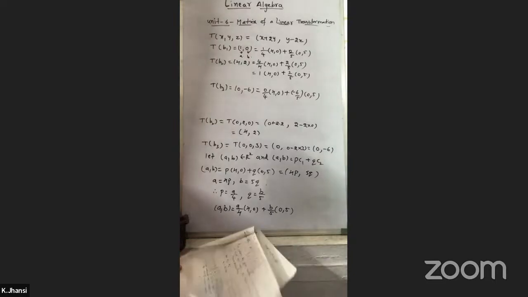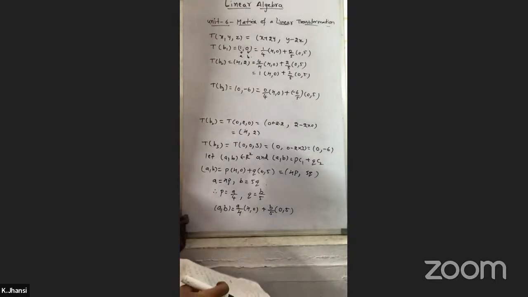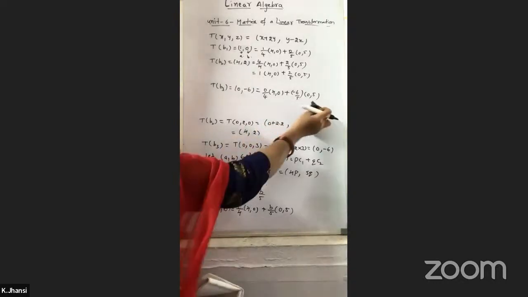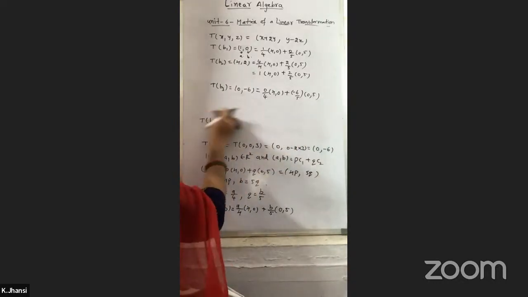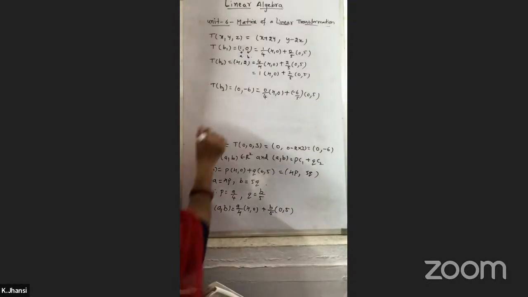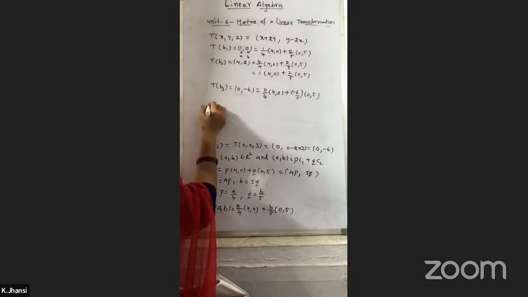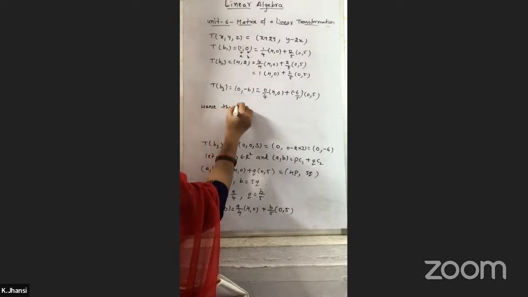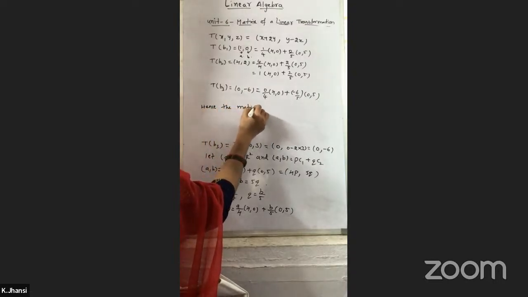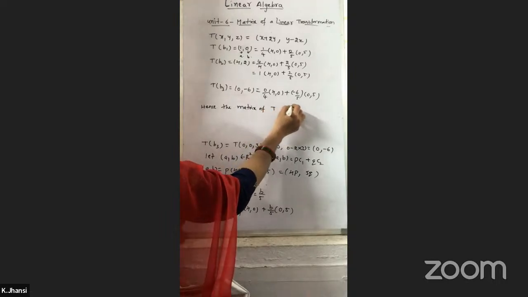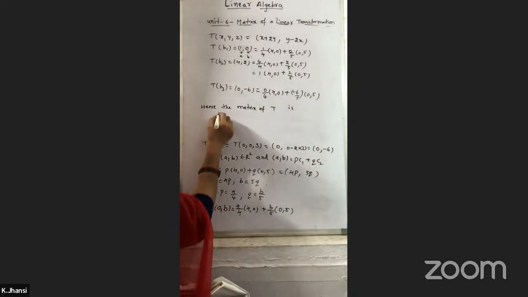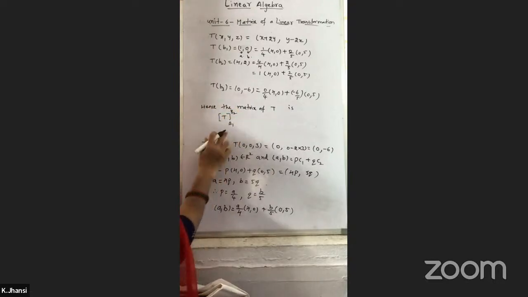Okay. Now you can write this as, hence the matrix of T. We'll write that matrix as T from B1 to B2, that is from basis B1 to basis B2.